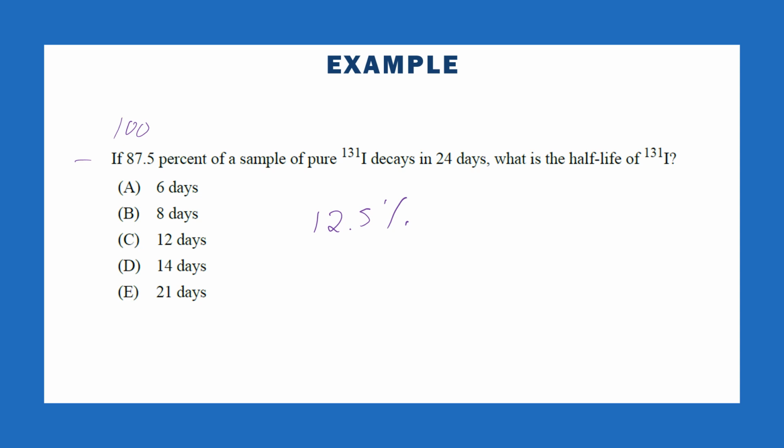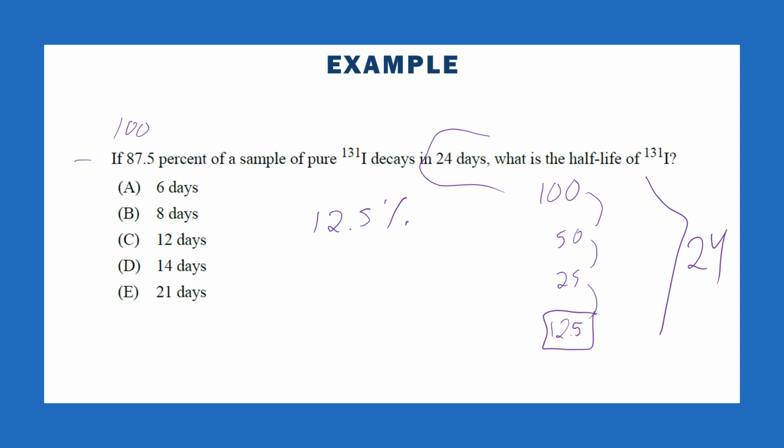Now, if we think about it in terms of half-life, you're cutting it in half each time. So in order to get down to 12.5 from 100, it had to undergo 3 half-lives. And each of those half-lives for nuclear decay is the same amount of time. So if it's 24 days total, each one must be 8 days. And that is the half-life.